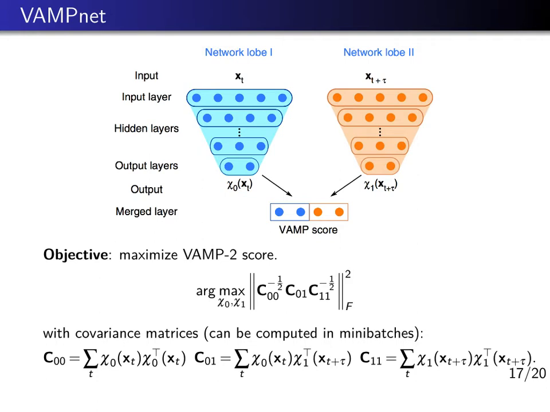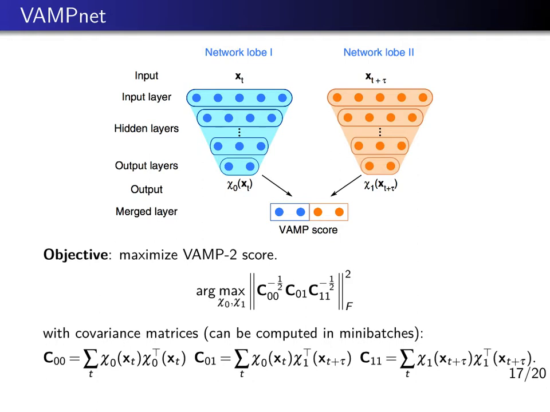And the natural way to solve this is to replace the direct estimators of C00 and C11 here by a shrinkage estimator. So to add to this result here just the sum of chi0 of xt times chi0 transposed of xt, to add to this a small multiple of the identity matrix, and the same for C11.